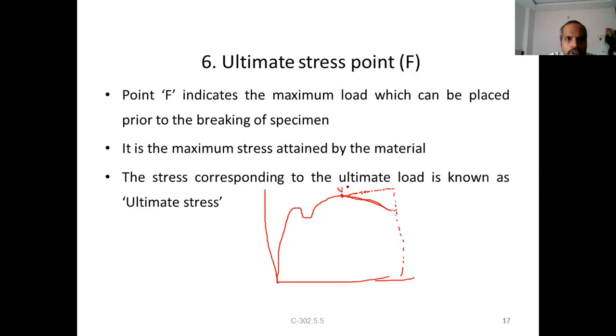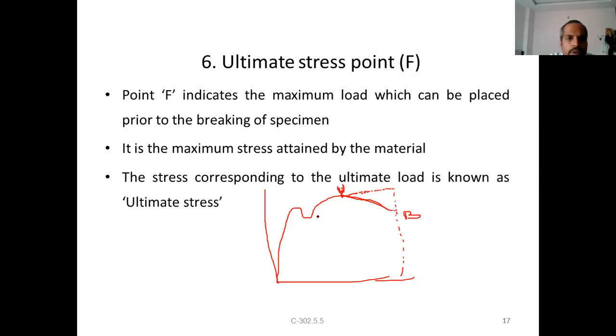In the actual curve it was shown with only this downward line, but some more line has to be drawn in that direction with a dotted line like this. So what is the difference? This is the ultimate point, and the last one is the breaking point. This is the ultimate point U.